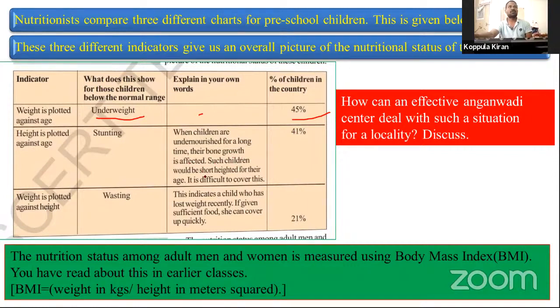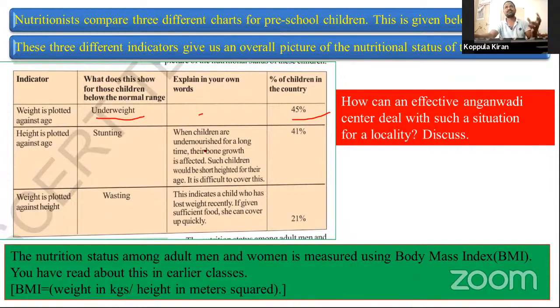Such children would be short-heighted for their age. It is difficult to cover this. If we do not give nutritional food to the children, their growth is fixed. There is no physical change. Their bones are also fixed.